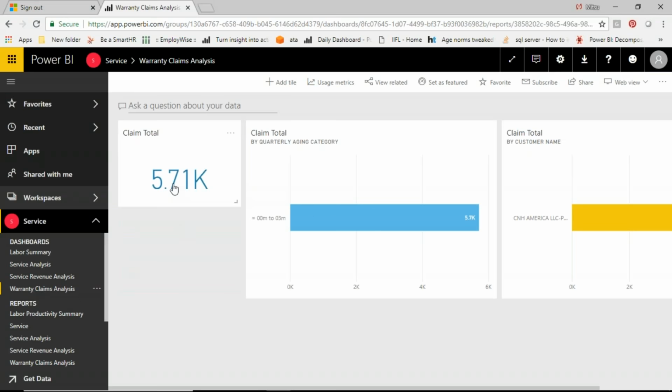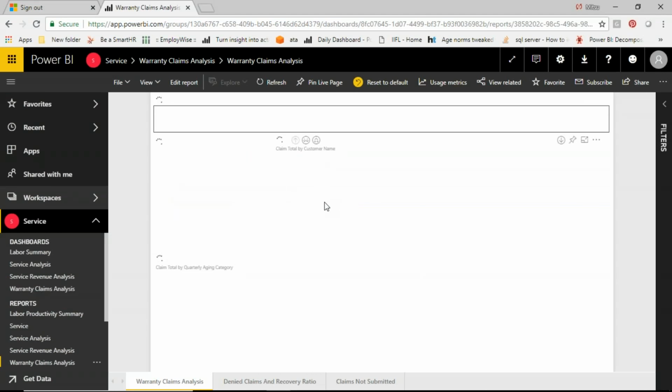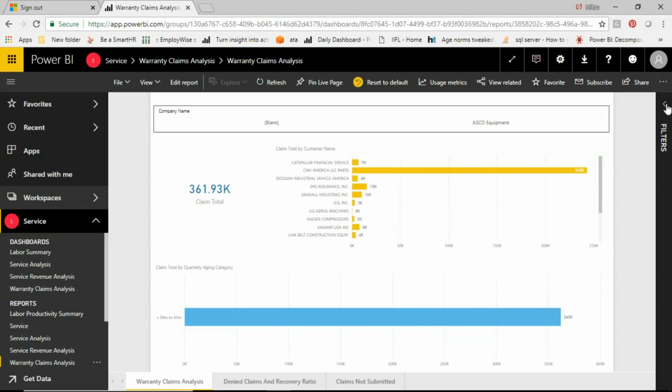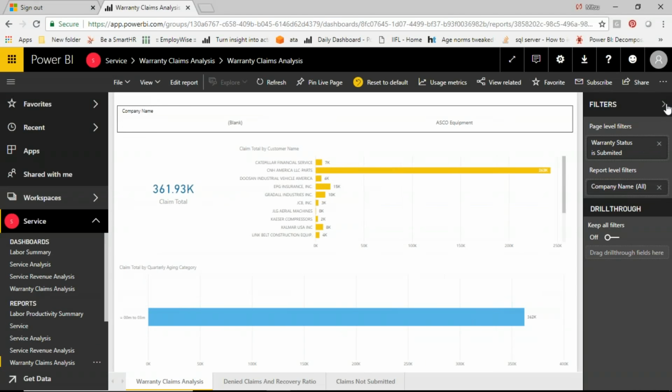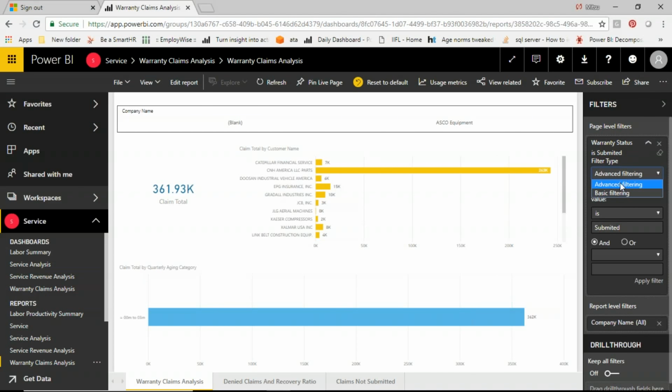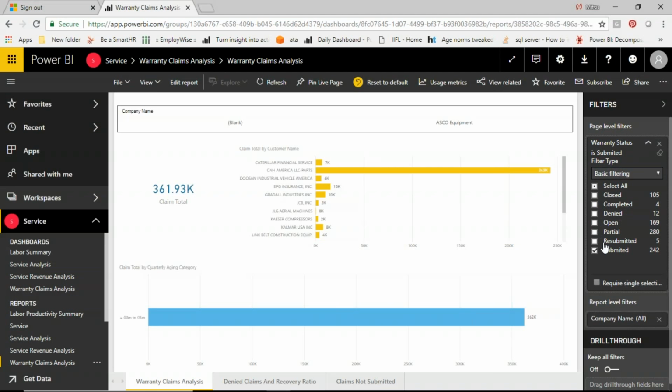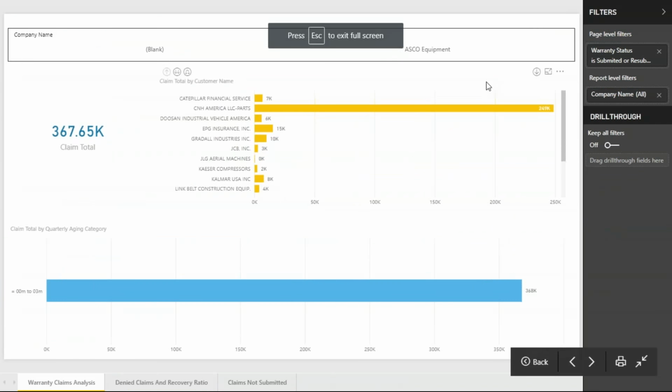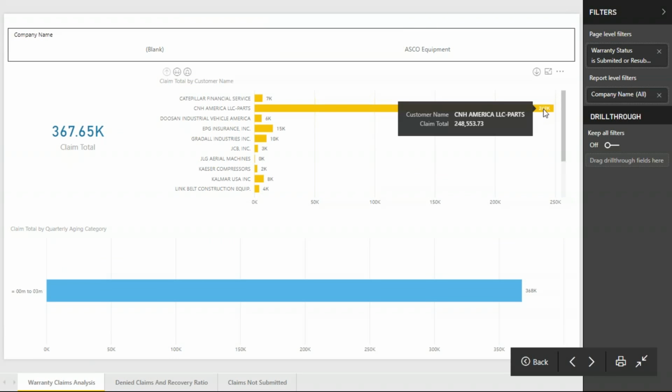Warranty claims. Warranty claims shows you what you have submitted or resubmitted. You have $367,000 worth of claims open right now. 449 out of that is for Skadech America.